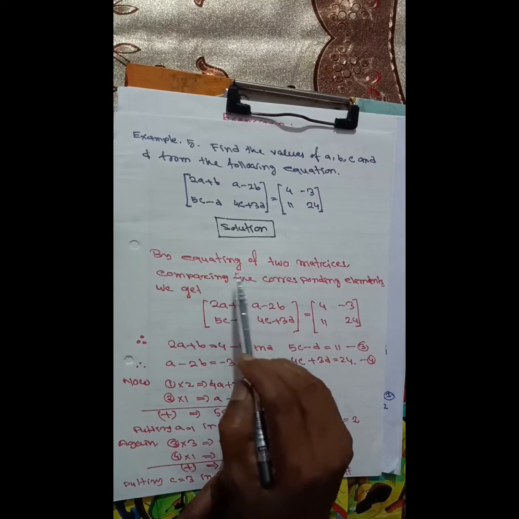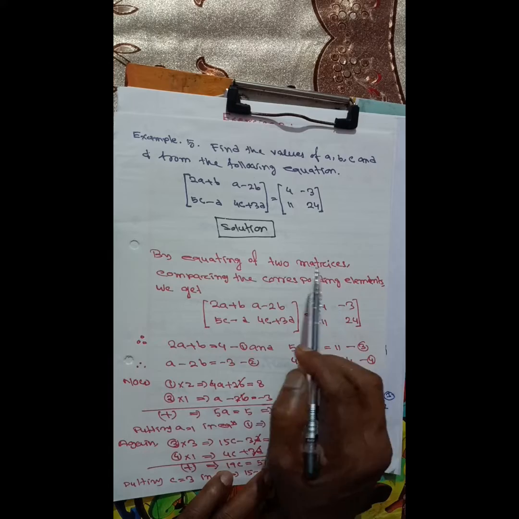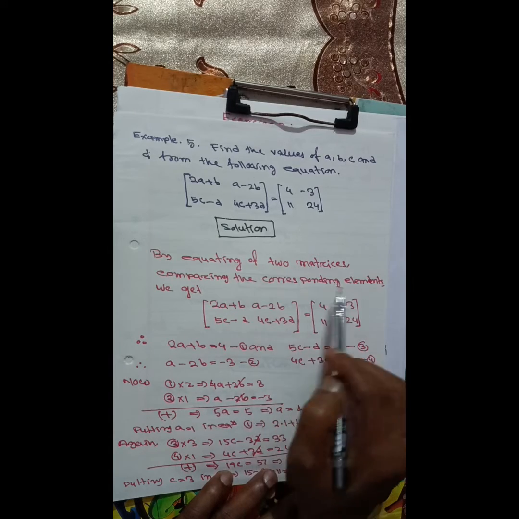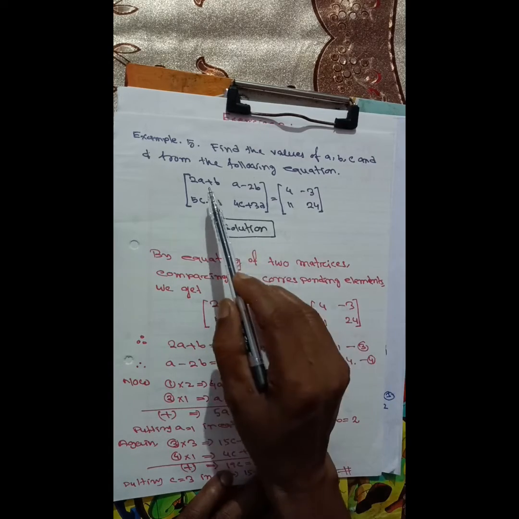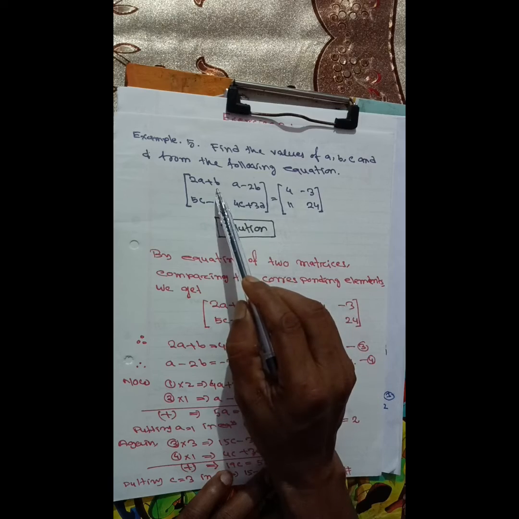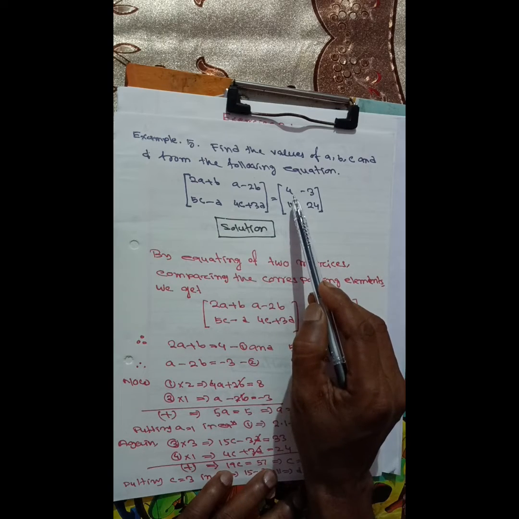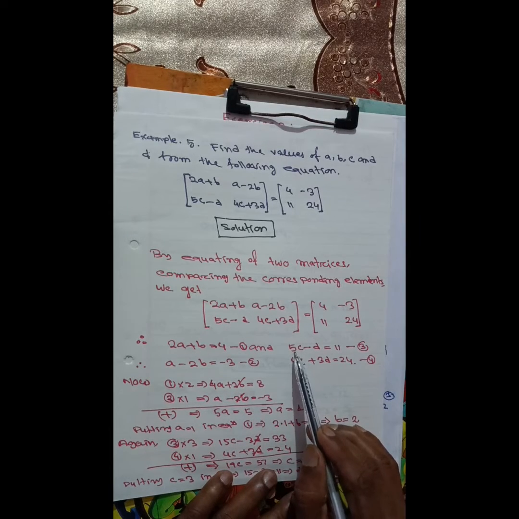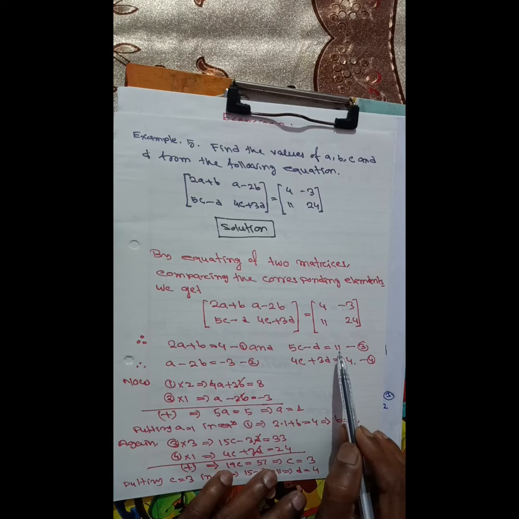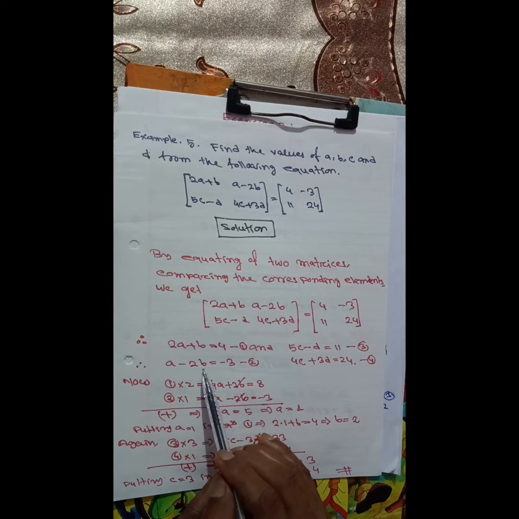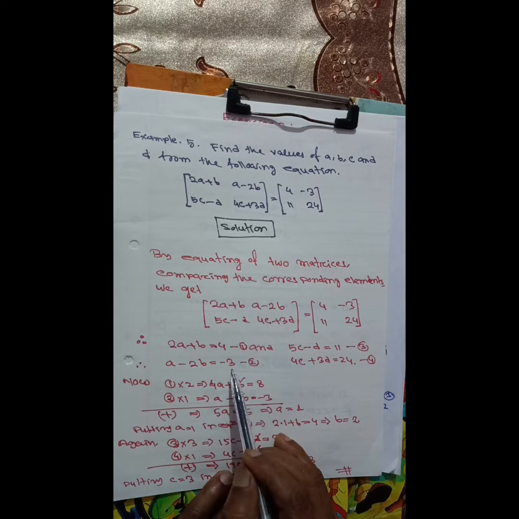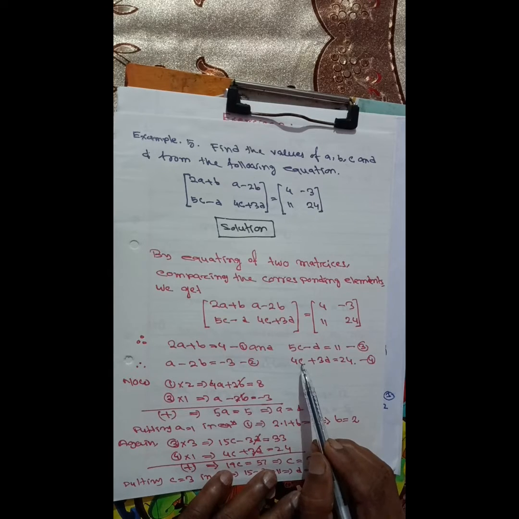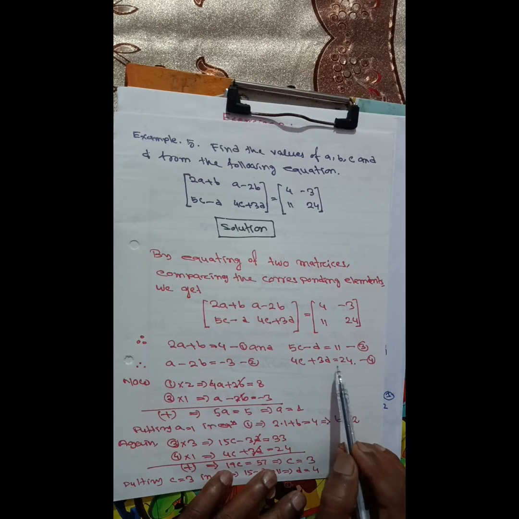So by equating the two matrices and comparing the corresponding elements, we get twice a plus b equal to 4, and 5c minus d equal to 11, and a minus twice b equal to minus 3, and 4c plus thrice d equal to 24.